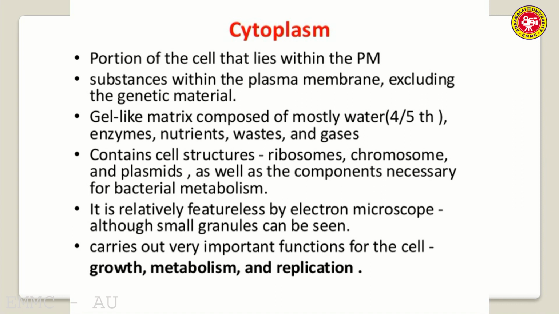Mostly, the cytoplasm is a gel-like matrix. It is composed mostly of water, enzymes, nutrients, waste and gases. And what are the cell structures? Inside the cell, present in the cytoplasm, are the ribosomes, chromosome and plasmids, and importantly the metabolic activities take place in the center of the cytoplasm.